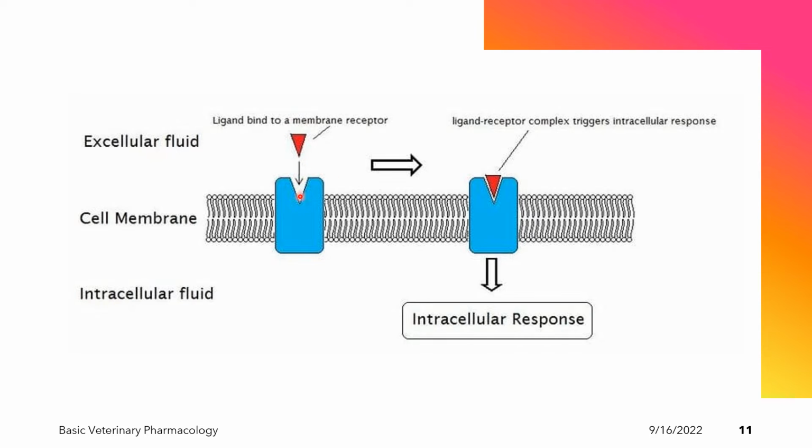As you can see here, the ligand fits well with the ligand binding domain of the receptor. Upon the binding of the ligand to its membrane receptor, a ligand-receptor complex will be formed, and this will trigger the intracellular responses for this particular complex.